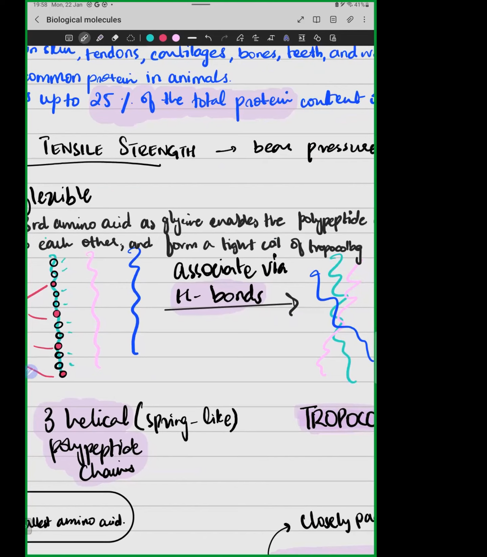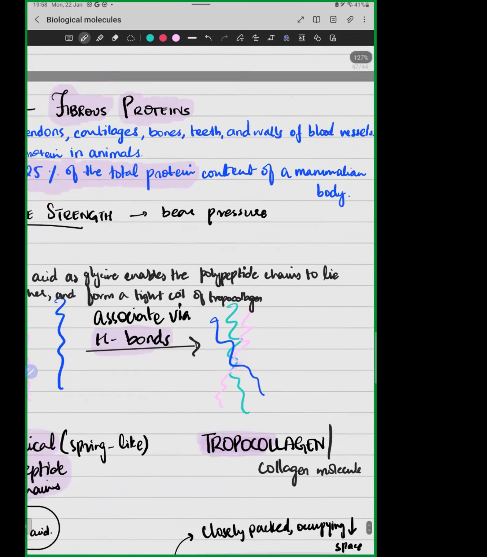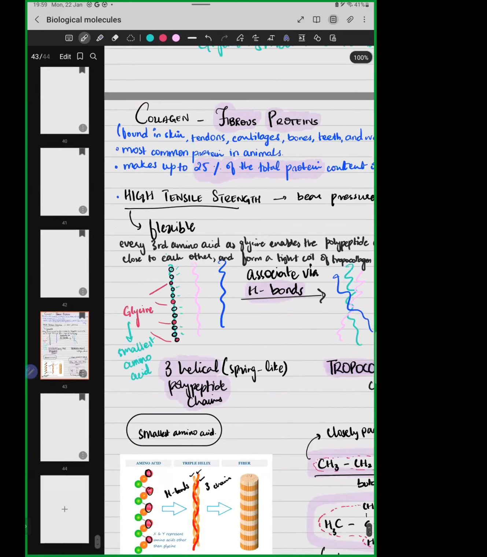tropo, अच्छा tropocollagen को कुछ जगहों पर collagen molecule भी कहा जाता है. So both of these terms, be it tropocollagen or be it collagen molecule, they are what? They are synonymous to one another.